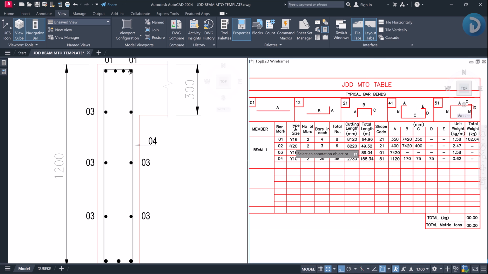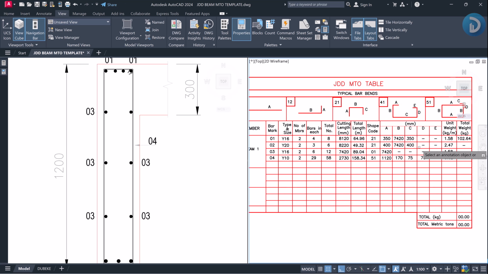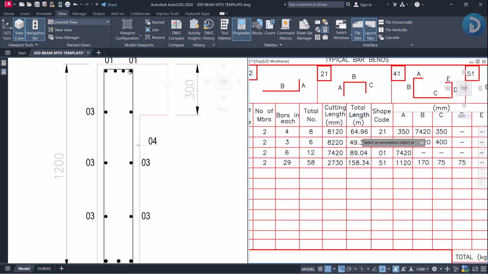Now the next is diameter 20 reinforcement having a unit weight of 2.47 kilogram per meter, and we have a total length of 49.32.